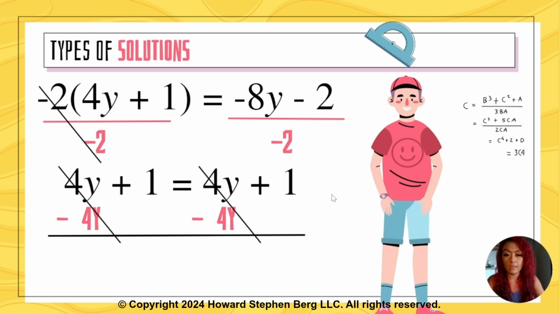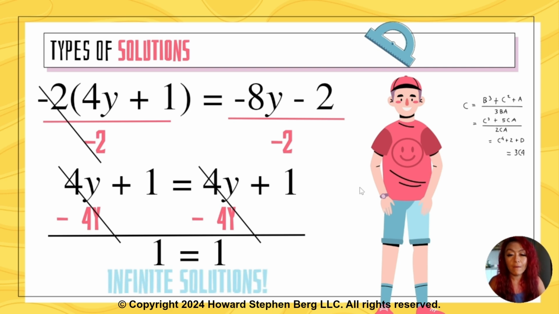Both of those cancel out, and we're left with this statement, 1 equals 1. Now we have a statement that's always true. Both sides of the equal sign have the same exact value. 1 is equal to 1. And when we solve an equation and we get something that looks like this, it means that there are infinite solutions to this equation.